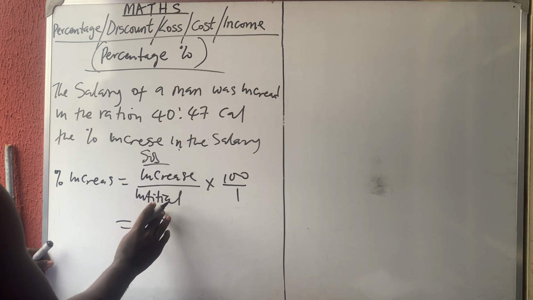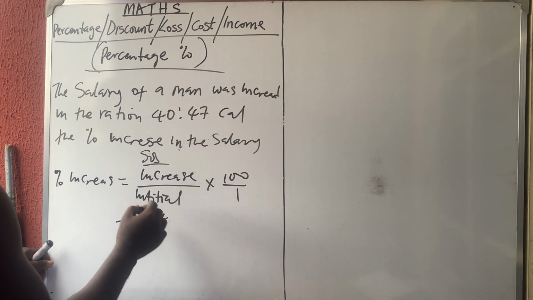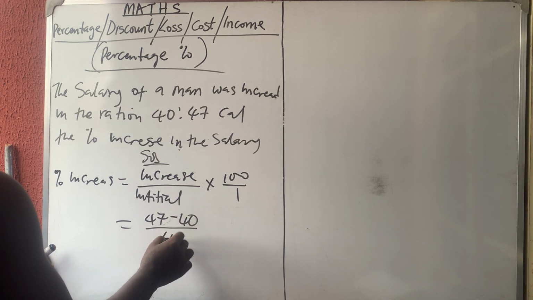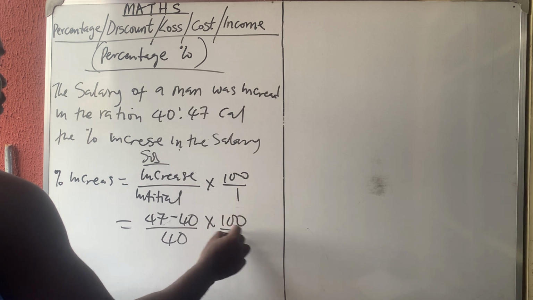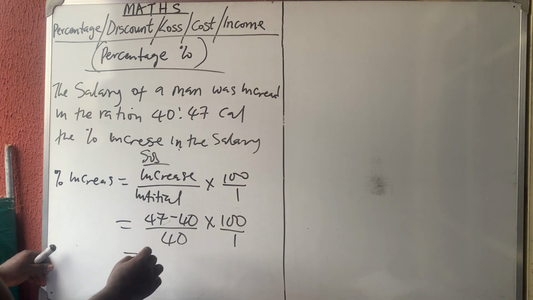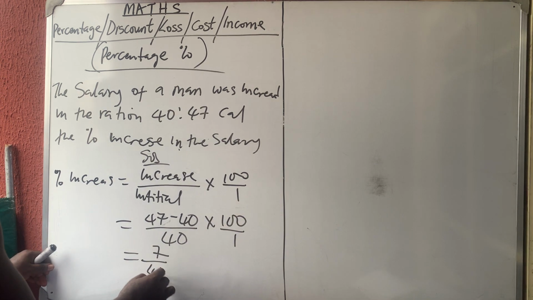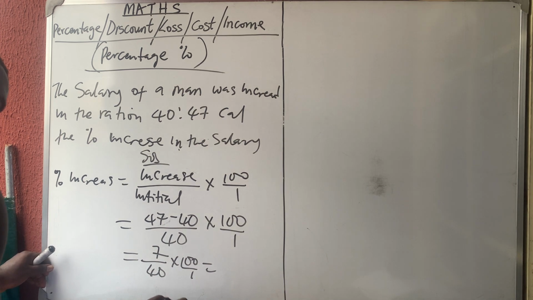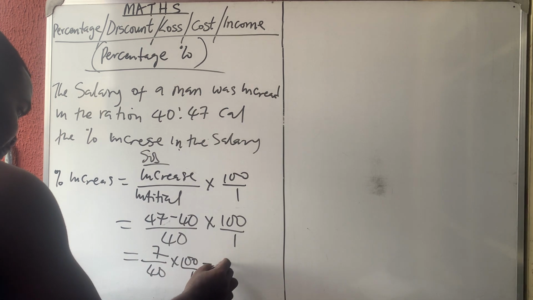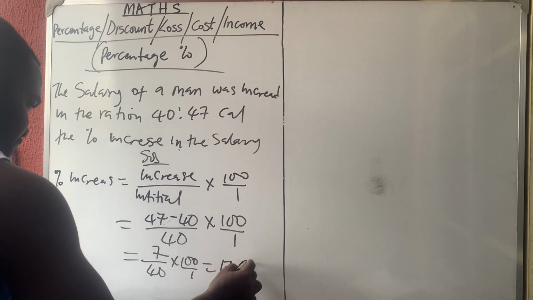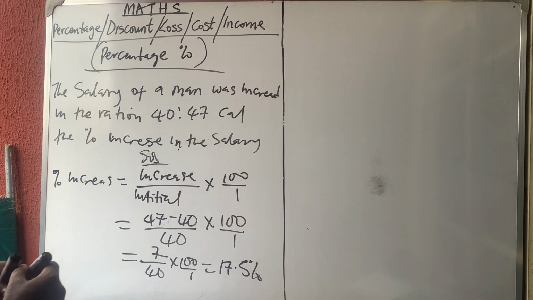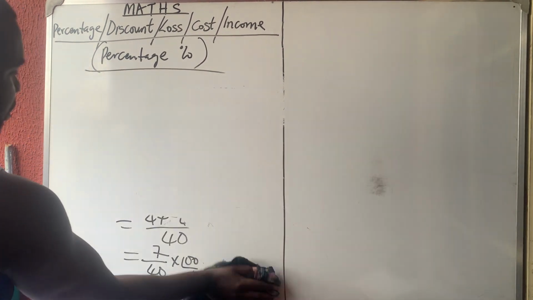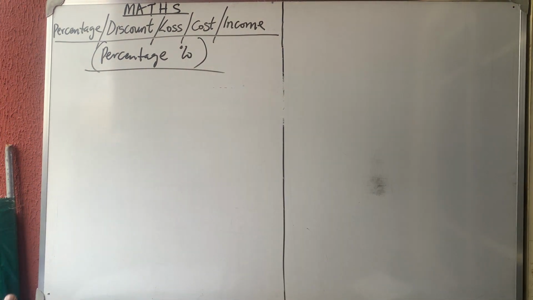From 40 to 47, so 47 minus 40 all over the initial one, 40, times 100 over 1. So we have 7 over 40 times 100 over 1. If you do that, you're going to get 17.5%.